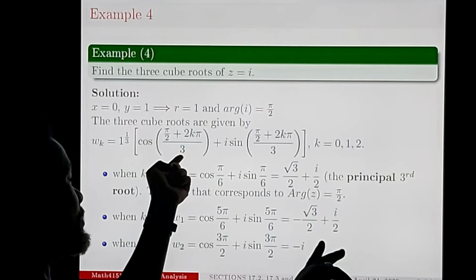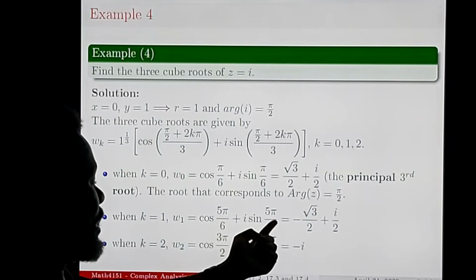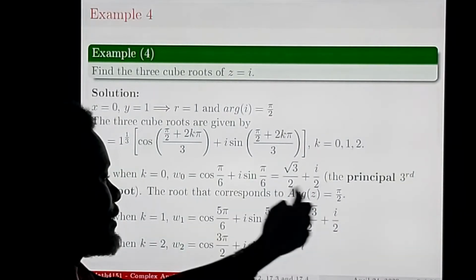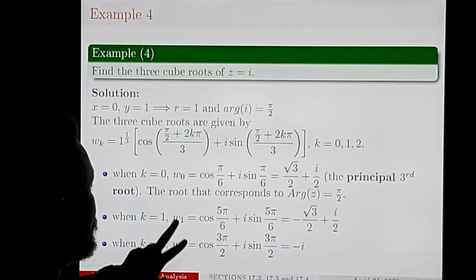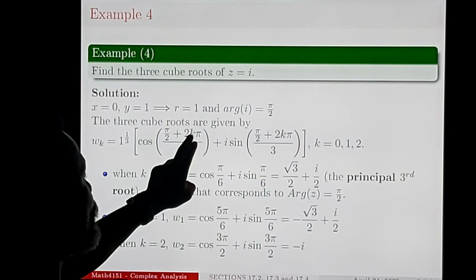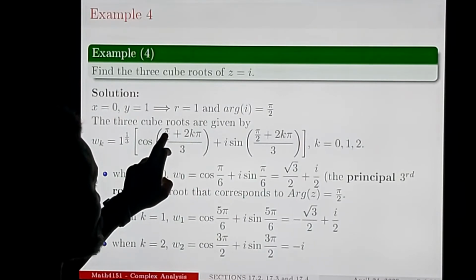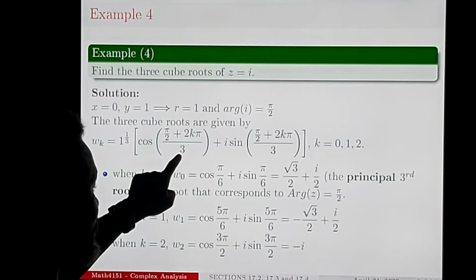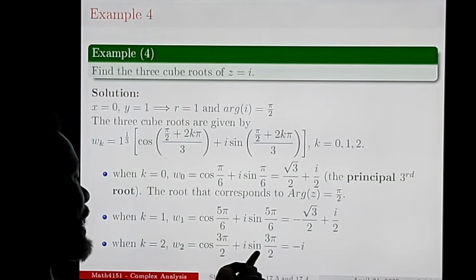So this is cos 5 pi over 6 plus i sine 5 pi over 6, which is the same as minus root 3 over 2 plus i over 2. You can check that. And then when k is 2, you put 2 here, you have 4 pi. So it's pi over 2 plus 4 pi, then divided by 3. Multiplying by 2, it becomes 9 pi over 6, which is the same as 3 pi over 2. So it's cos 3 pi over 2 plus i sine 3 pi over 2.